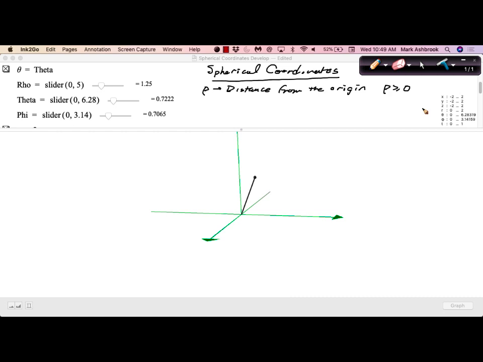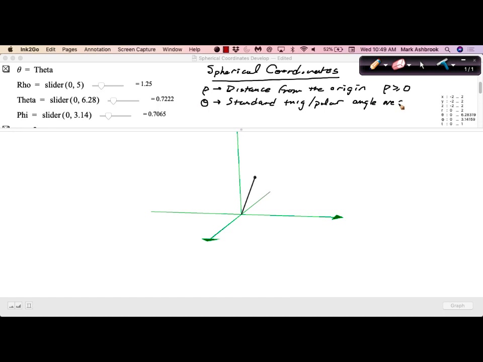Okay, the next one is theta. That's our standard trig or polar angle. What is that? Swept counterclockwise from the positive x-axis. I should say angle measure.